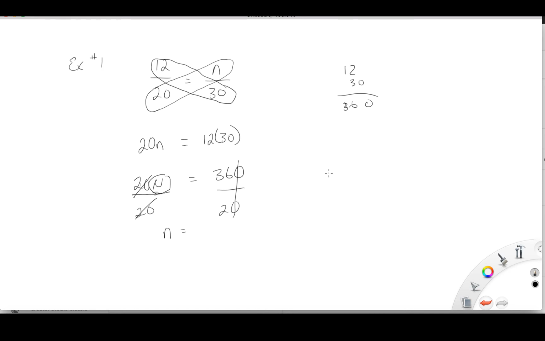Well, we can cancel those zeros right away, and we know that 2 goes into 36 how many times? We know that's 18. So n equals 18. All right, so we can put that back in the fraction and say 12 over 20 equals 18 over 30. And our number is 18.